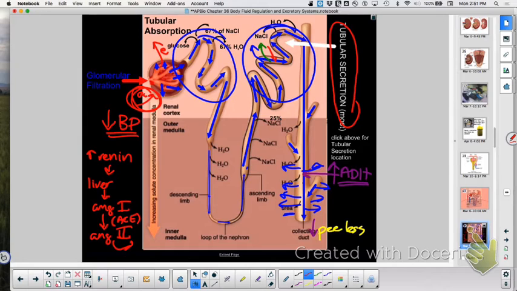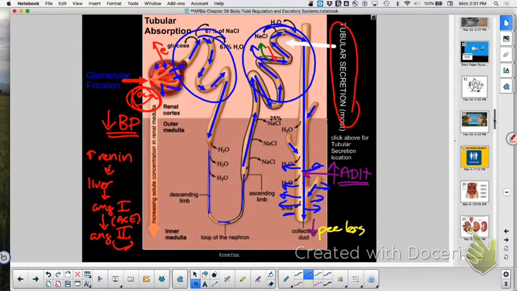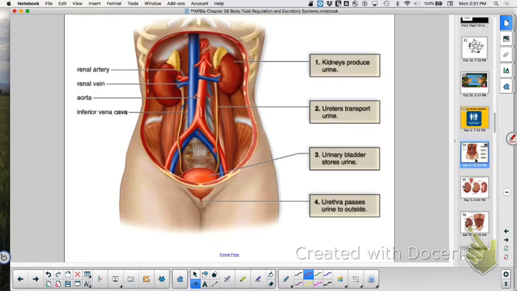Angiotensin 2 makes the gland sitting on top of the kidneys, right here, makes your adrenal gland secrete aldosterone, and aldosterone triggers sodium reabsorption, thirst, more water reabsorption, and that will help elevate more salt, more water, higher blood pressure.